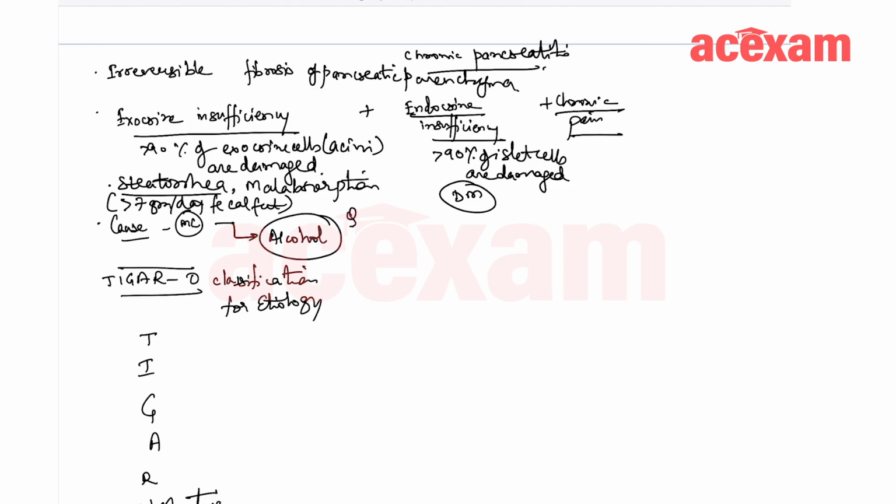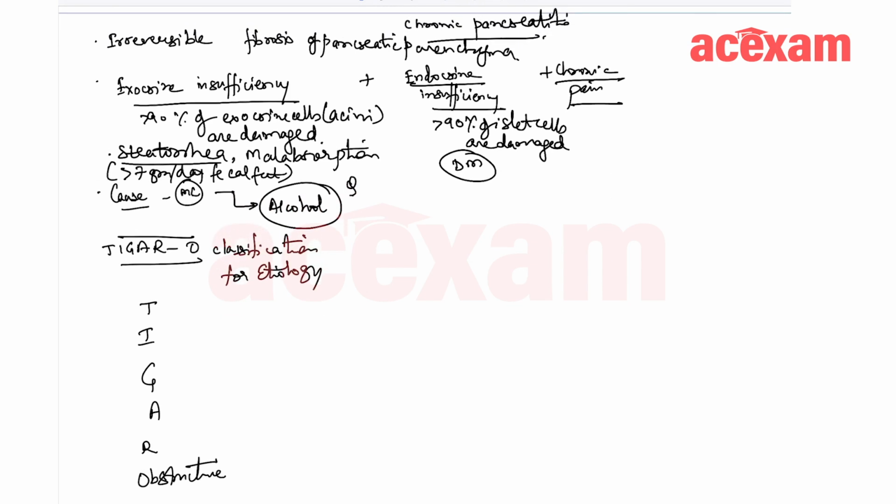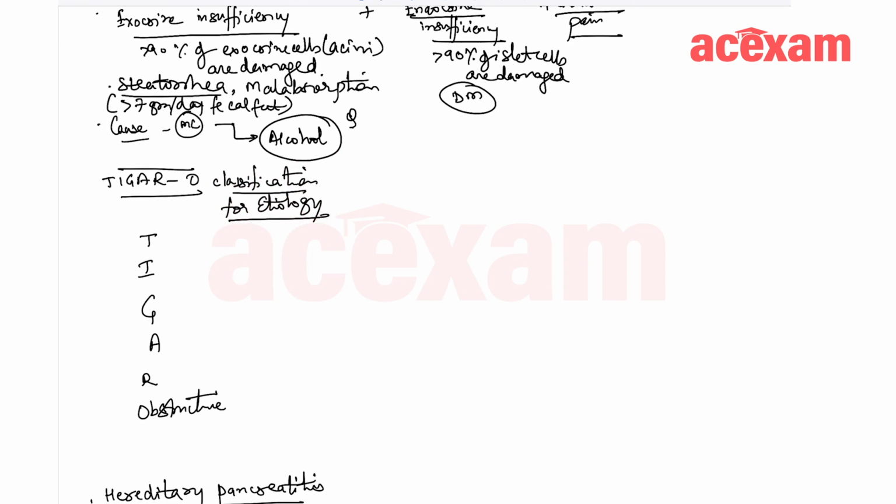Okay. Now, endocrine insufficiency will lead to development of diabetes mellitus, and along with that, there will be pain. Among all the causes, the most common cause is alcohol intake. The most common cause of acute pancreatitis is gallstones. The most common cause of chronic pancreatitis is alcohol intake. Okay. Now, for causes of pancreatitis, there is a classification for etiology.